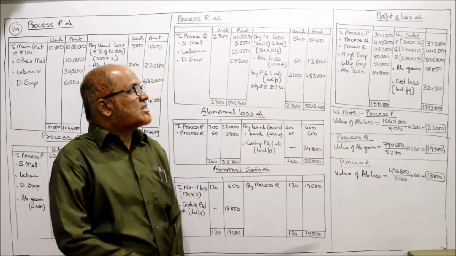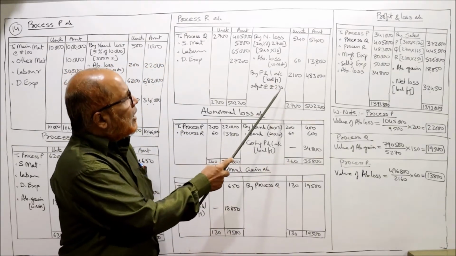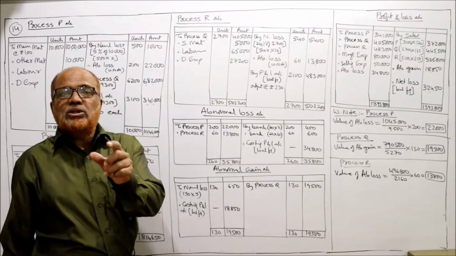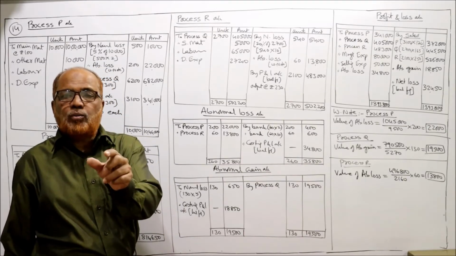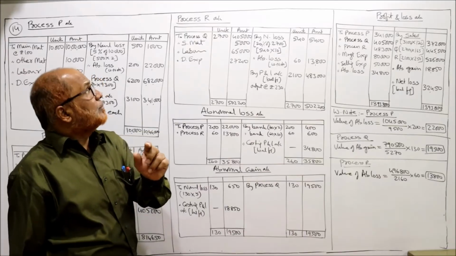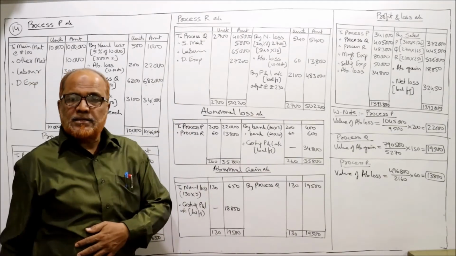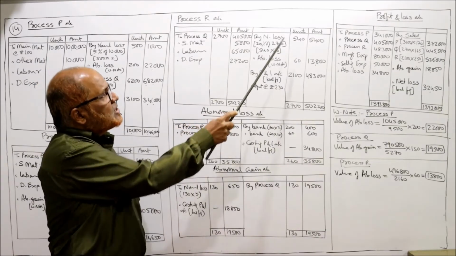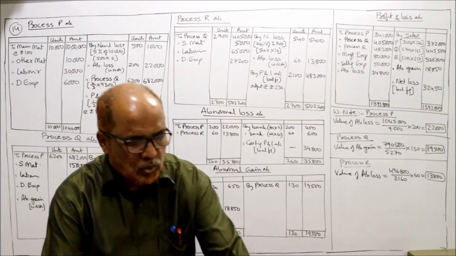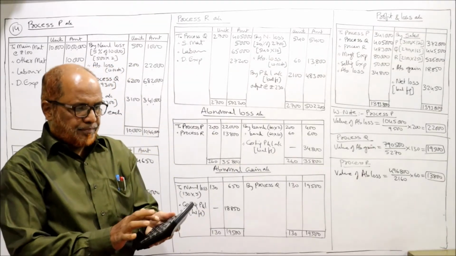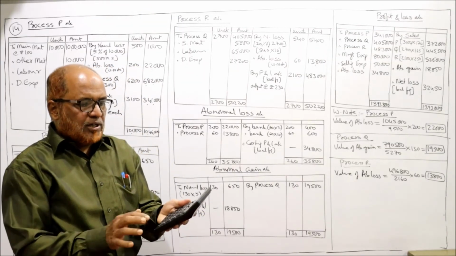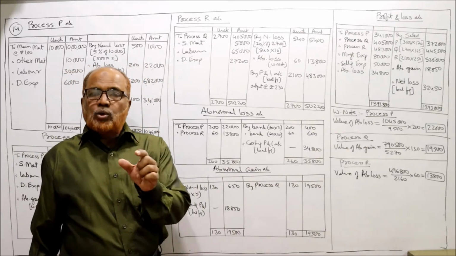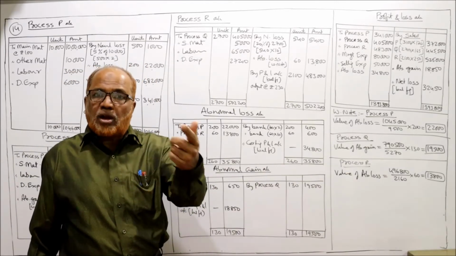The output given in the problem is 2,100, the actual output of process R. Now let us see what the normal output is: 2,700 minus 540. We should get 2,160. That is the normal output.